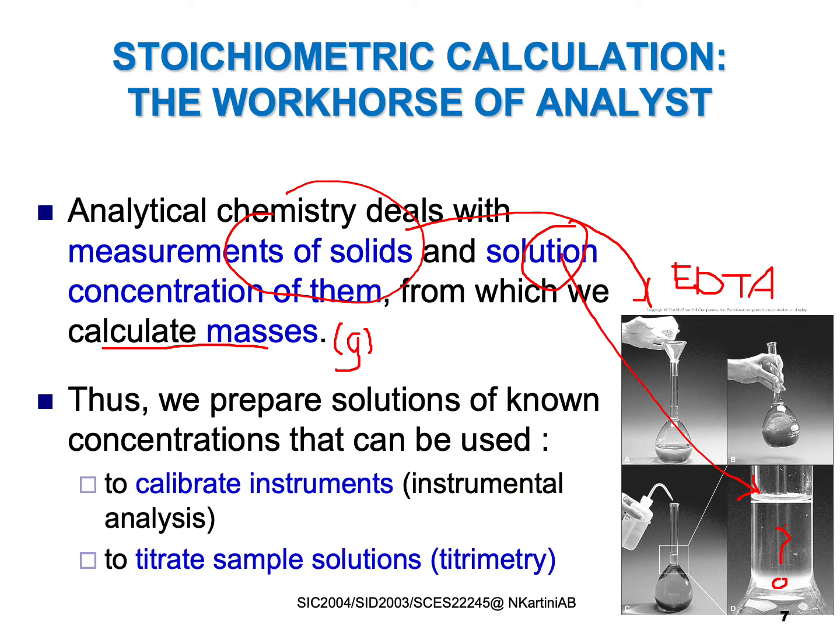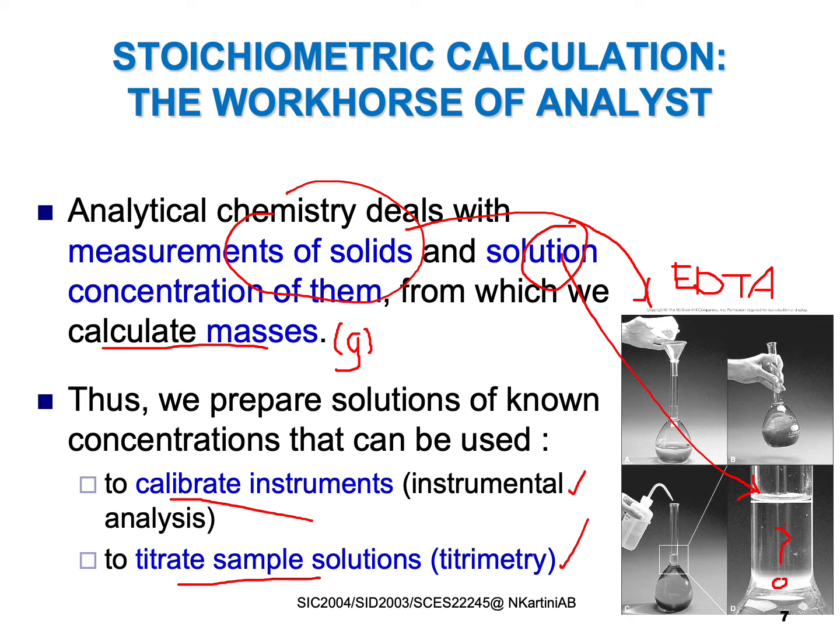Thus we prepare a solution of known concentration that can be used to calibrate the instrument and also to titrate sample solution in titrimetry. These are two different techniques that can be used to determine the analyte concentrations in the sample.